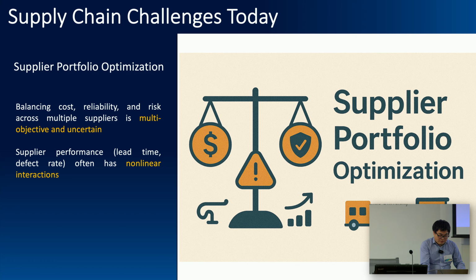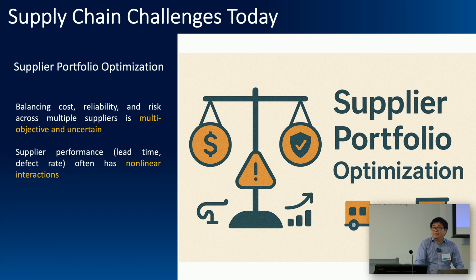The last example I'll share is supplier portfolio optimization in the procurement process. You need to balance cost, reliability, and risk between multiple suppliers. This is also multi-objective: you are not only considering one part but several, and it involves uncertainty, as in the first inventory optimization case.